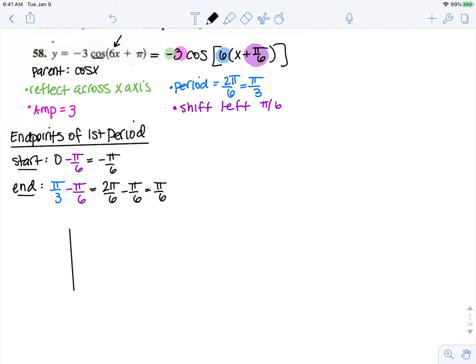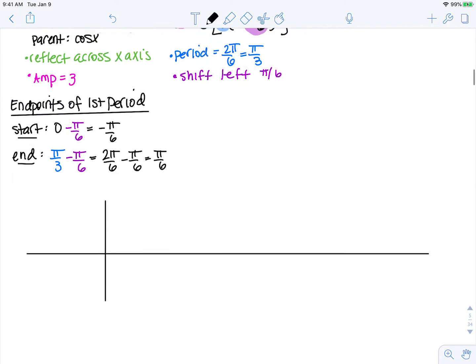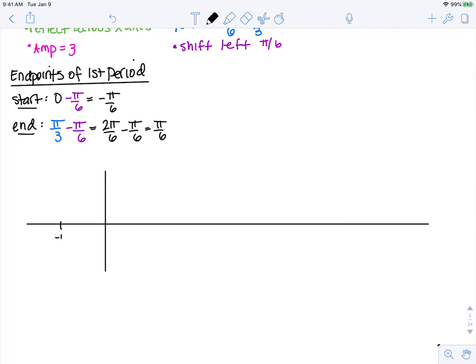So let me go ahead and start to create my axis then. Actually, give myself a little more space. Like that. Okay. So we know we're starting at negative pi over 6, and we're ending at pi over 6.